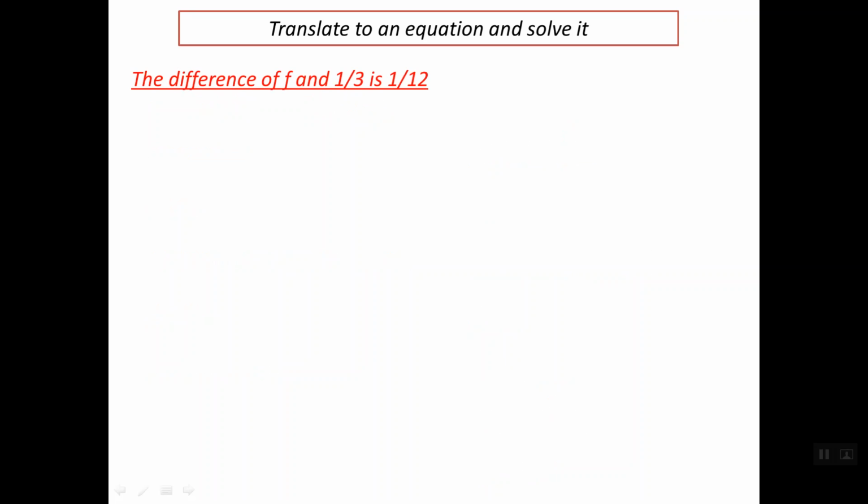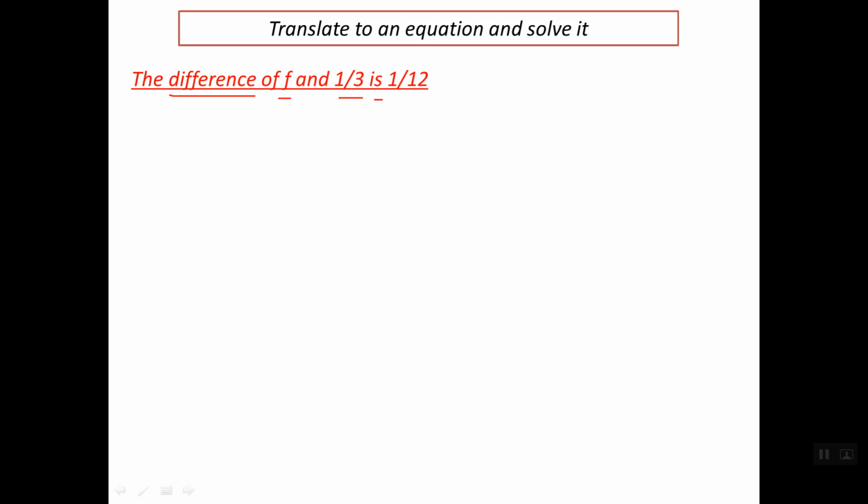Let's have another example. The difference of f and 1/3 is 1/12. The word difference means that the operation in this equation is subtraction, and the two terms are f and 1/3.